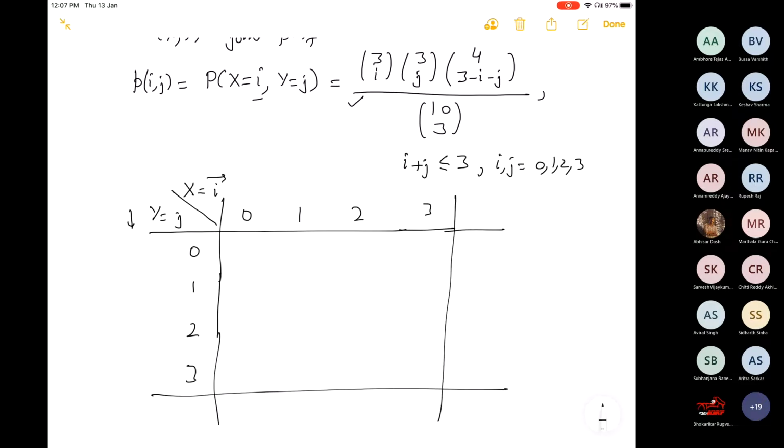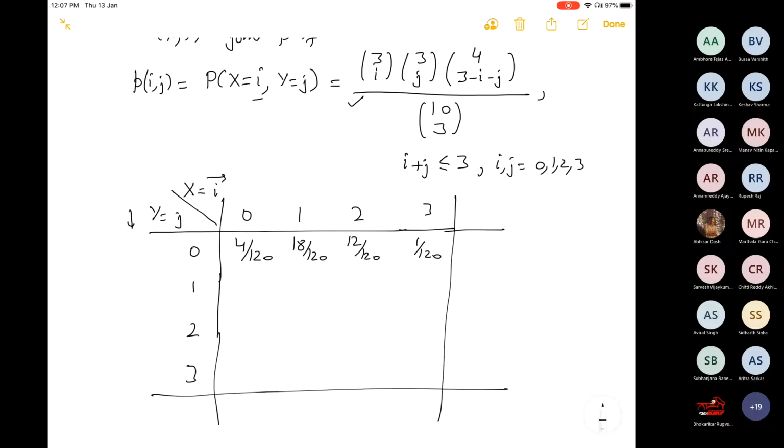Now when i is 0 and j is 0, this is 3C0, 3C0, 4C3 divided by 10C3. So that will be 4C3 upon 10C3, that is 4 by 120. Similarly, this will be 18 by 120, and this is 12 by 120 and 1 by 120.